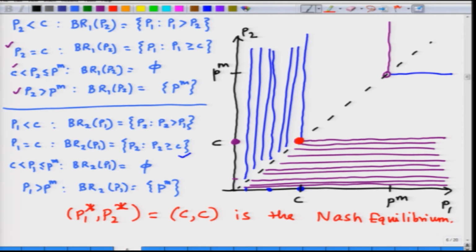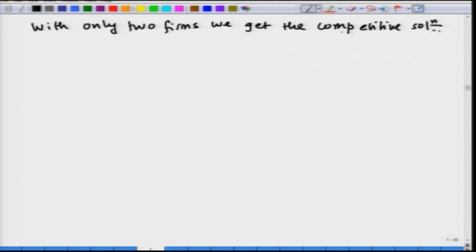So, we would have expected that the outcome would be somewhere closer to the monopoly outcome, but it turns out quite surprisingly that we get the competitive solution. This is called the Bertrand paradox.